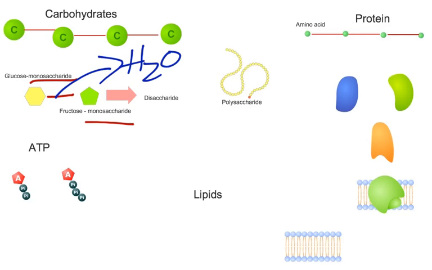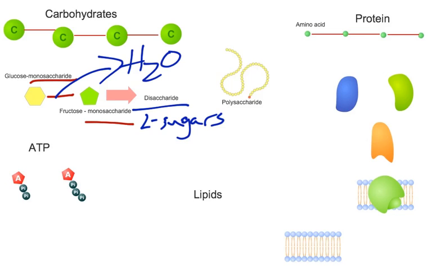H2O gets pulled out of the molecule, and there's a good diagram on page 47 in your textbook. You pull H2O out and you get a disaccharide, di meaning two sugars. Two sugars equals a disaccharide.